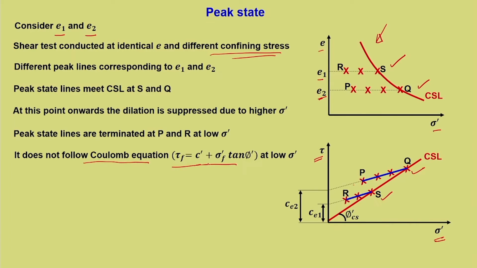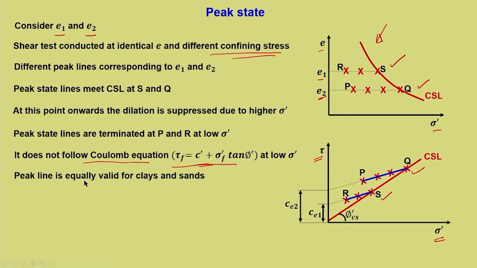So, this particular equation for the time being is more like a mathematical fitting parameter. How sound or how physically relevant are these parameters? Definitely phi dash has its own physical significance, but whether c dash is always justifiable or not, that is what we will see now.